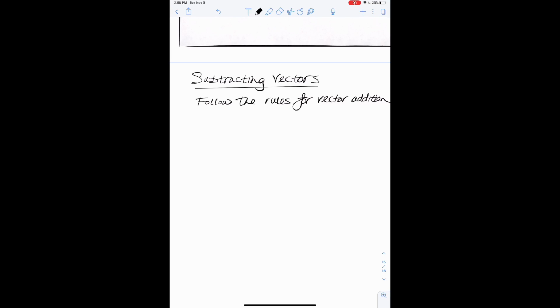But we are going to have to flip the directions on the negative vector. And the negative vector is the one being subtracted.